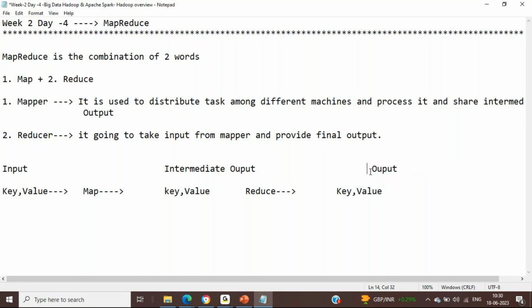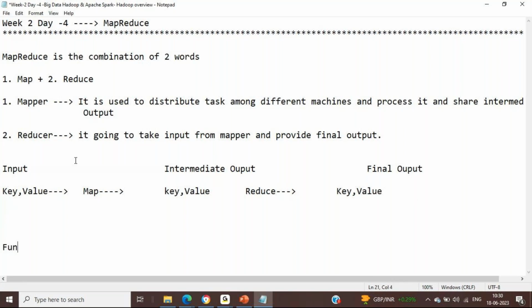So I'm going to give the data in key and value pair. Then mapper will work on that data. It will provide intermediate output, and provide the result in key and value pair. Then reducer will take it, work on this particular data, and then provide the output in key and value pair. That is perfectly fine.